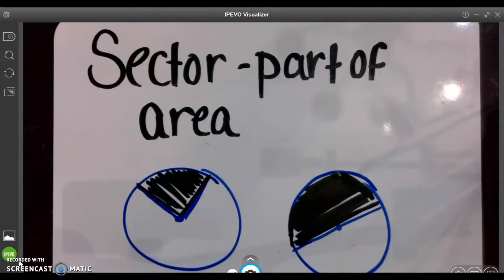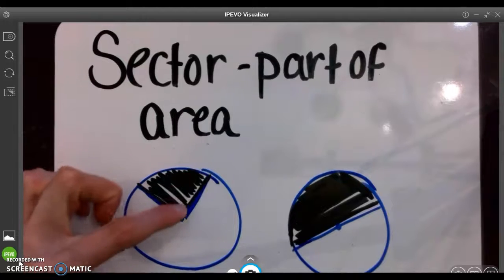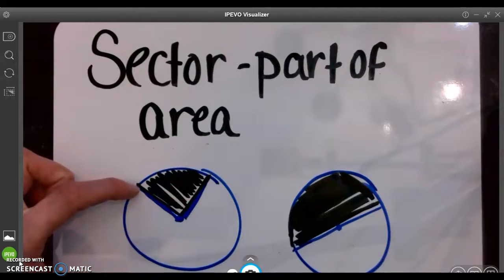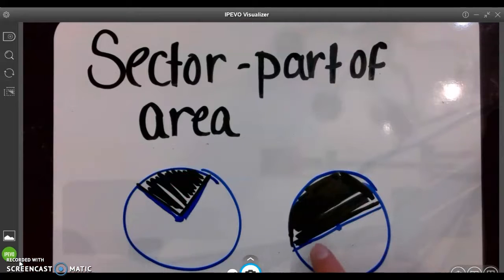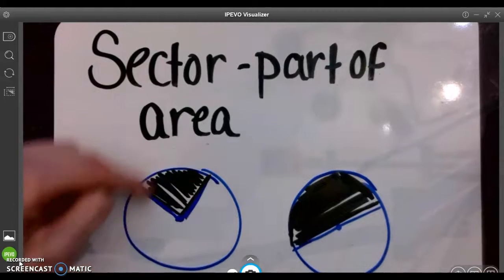Like the whole pizza or the whole pie is the total area, but whatever piece you have is the sector. So we have a little pie slice right here. That's a small sector. A semicircle, again, is also a sector. It's half of that circle. So a sector is just cutting out a chunk from within the circle, not just along the outside.